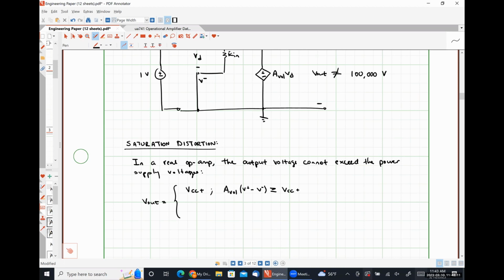So effectively, I'm saying if this voltage is ever greater than VCC plus, the output is simply VCC plus. Can't be more positive than that.